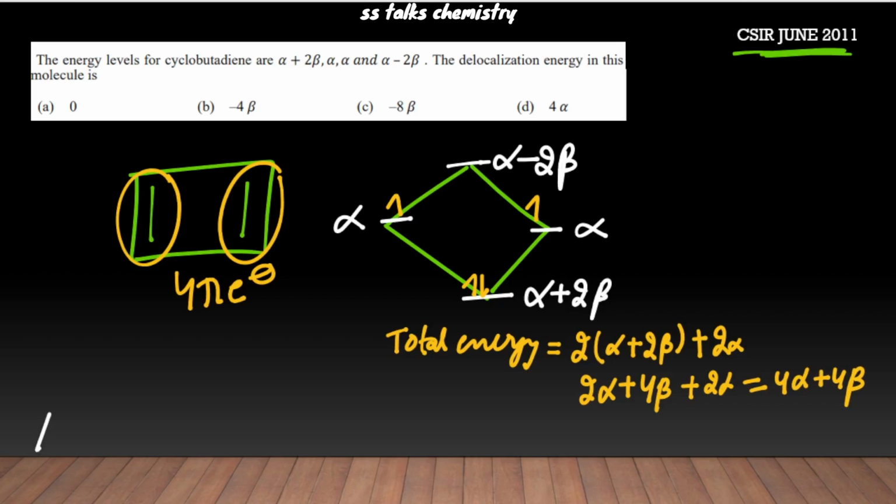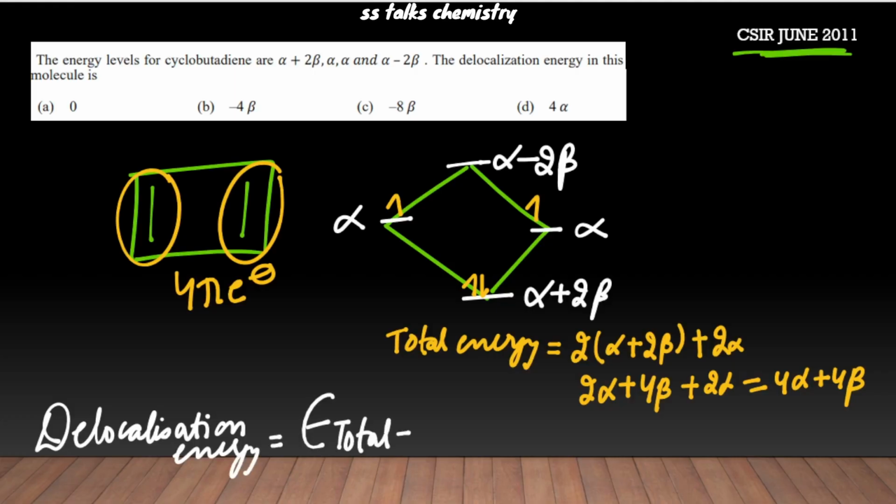Now the delocalization energy is equal to the total energy minus the number of ethylene units. With that you have their energies, you have to multiply it with the number of ethylene units.